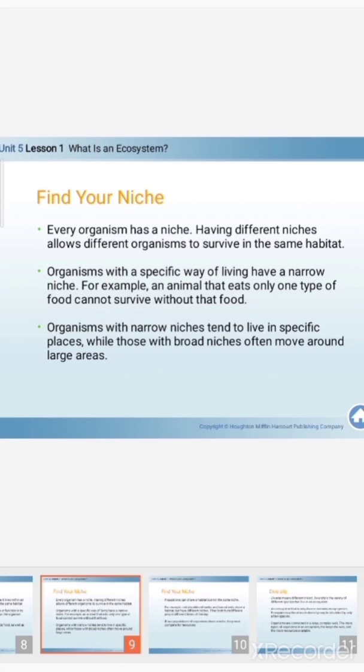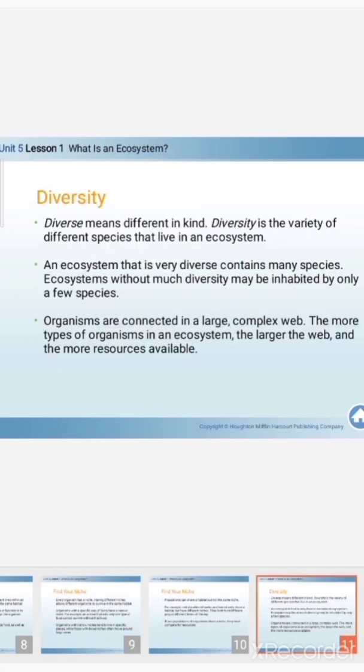Okay. So at last, every ecosystem contains diversity. What's the meaning of diversity? Diverse means different in kind, or the variety of different species in an ecosystem. An ecosystem that is very diverse has many species, like the ocean. If we say ocean, we can see many types of fish, jellyfish, octopus, and many types of animals.